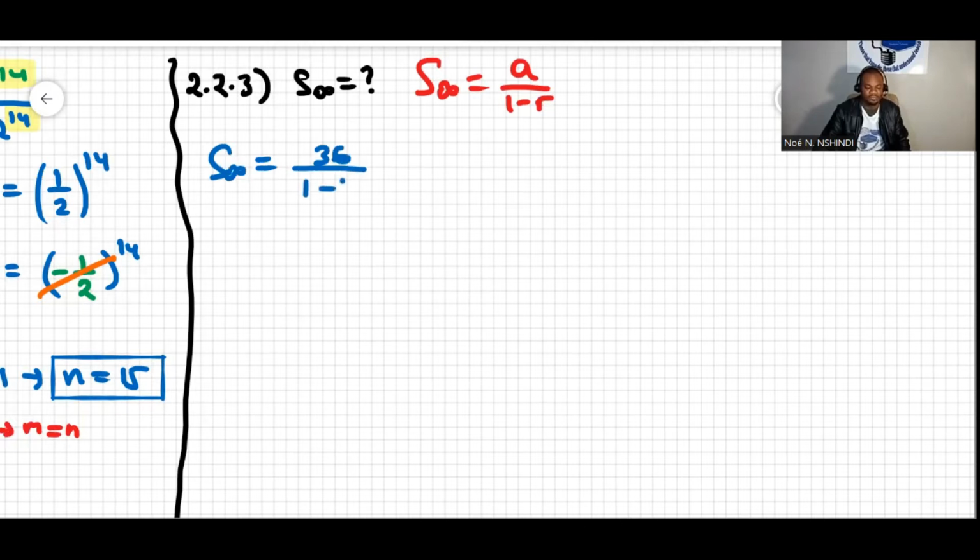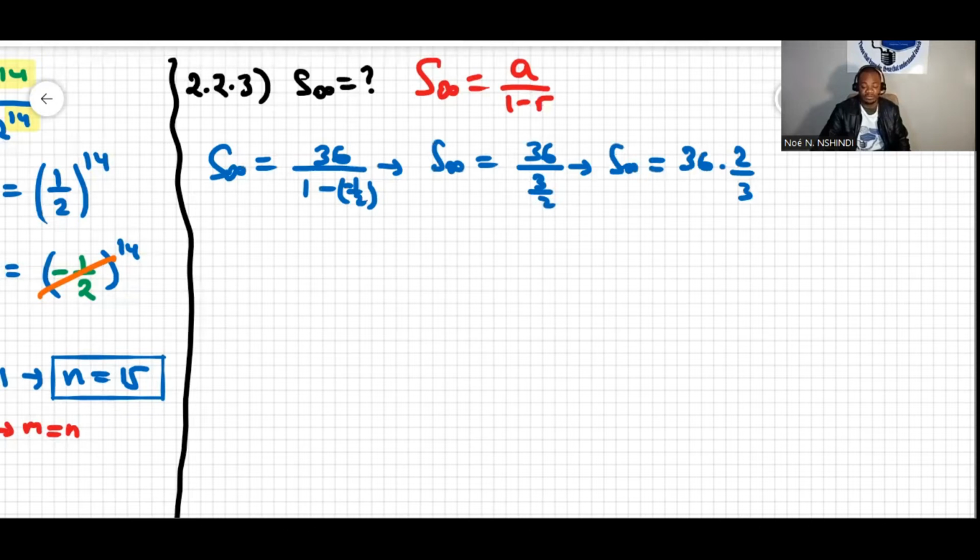And then minus minus will make positive, so s infinity will be 36 over 1 plus a half, which is 3 over 2. So s to infinity will be equal to 36 times 2 over 3.